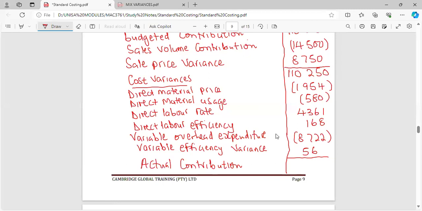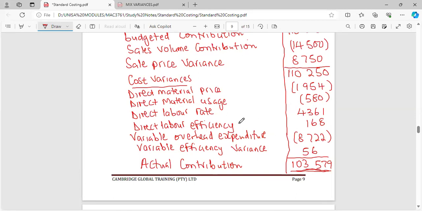If we have a different figure, then it means our calculations are not right. This must be the one that is proper. If you are provided with both of them, then you should get the actual contribution that is there. But if it is not there, then whatever you get here is what is going to be your actual contribution. Right?